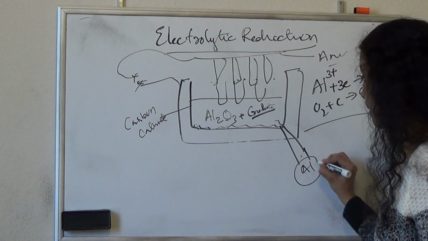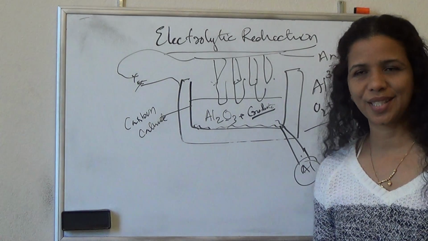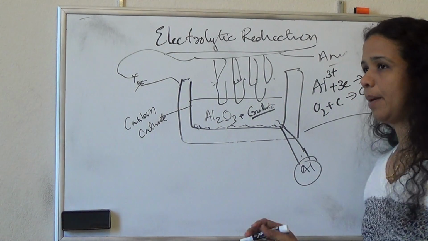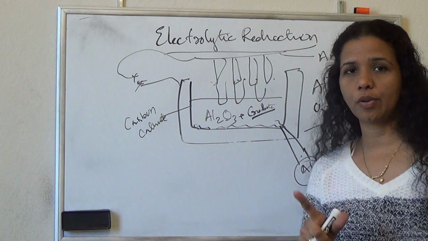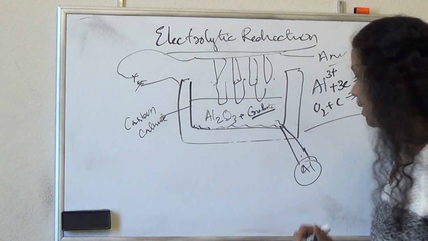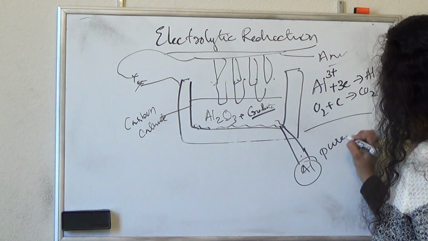In this process there are no impurities, because due to the reduction potential only the particular metal will be reduced there. So we get pure aluminum.